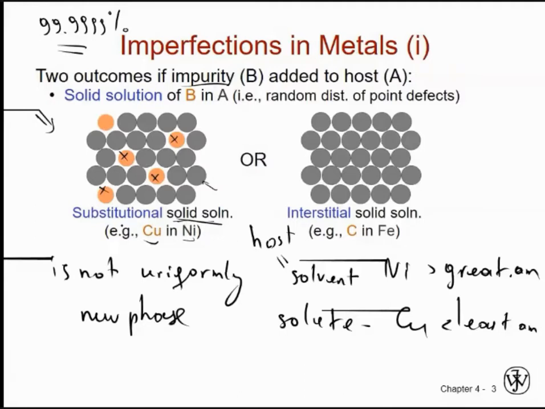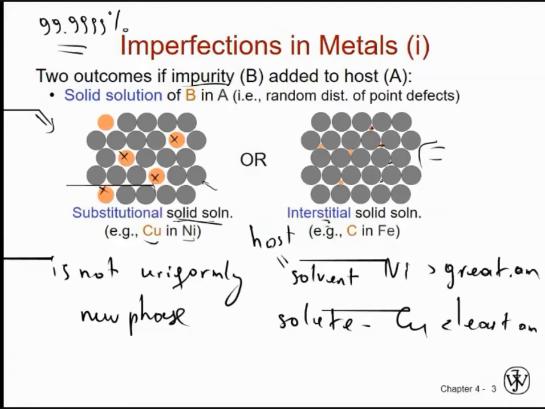Now on the left, I had substitutional solid solution where copper fills vacant spaces. So here, on the right, I don't have any vacant space, but I have these interstitial spaces in between, let's say here, iron atoms. And what will happen, a carbon, which is really small, can go into interstitial spaces in iron and create interstitial solid solution.